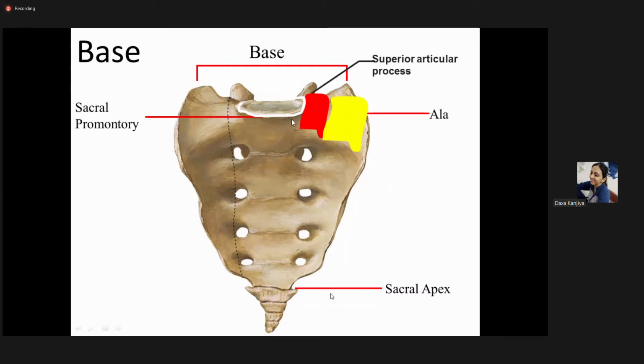Now if you see on the posterior aspect of the sacral promontory, there are 2 superior articular processes. These superior articular processes articulate with the inferior articular process of 5th lumbar vertebra, and it forms the zygapophyseal joint, which you have already seen last time in the lumbar vertebra. What is the type of this joint? Zygapophyseal joint.